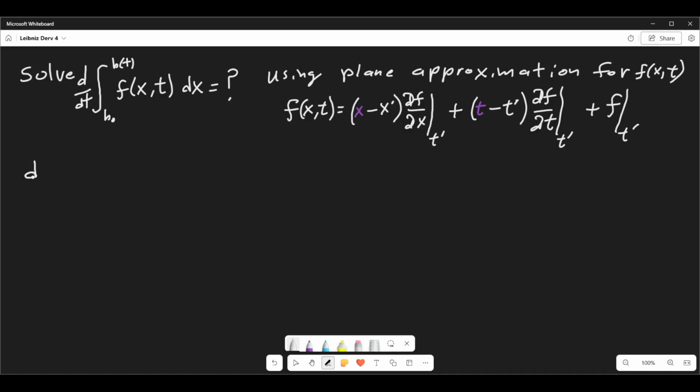Starting here, so this is d by dt. Just rewriting this equation, the integral from b naught of t of the function of x comma t dx will be approximately, since this is a plane approximation, d by dt of the integral from b naught to b of t, and then there's going to be bounds.